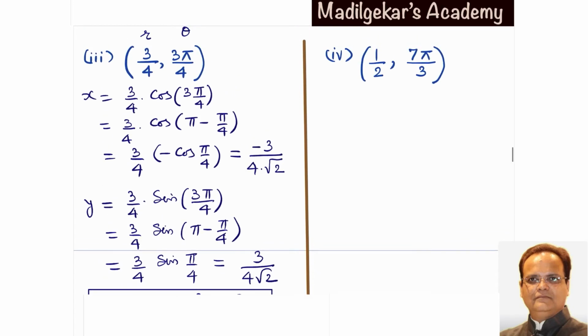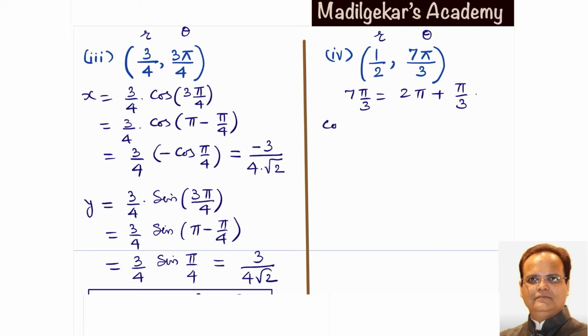Fourth bit. Here r is 1 by 2 and theta is 7 pi by 3. As we know, 7 pi by 3 is 2 pi plus pi by 3.